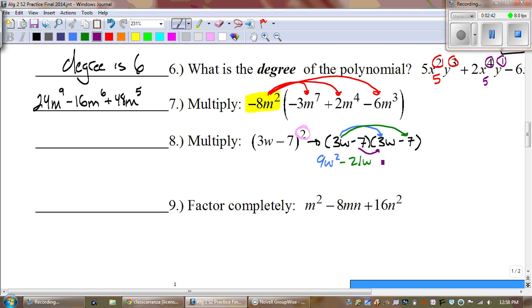Negative 7 times 3w gives us negative 21w. And then negative 7 times negative 7 gives us a positive 49. Okay, now when we combine our like terms, those don't cancel, guys, just because they're both negatives. They're the same sign, so we add them and we get 42w plus 49.